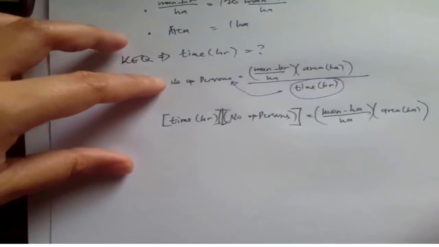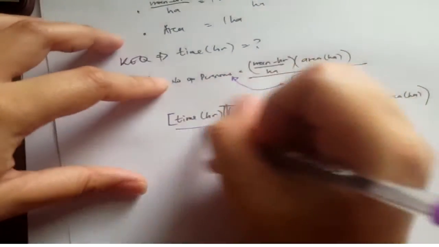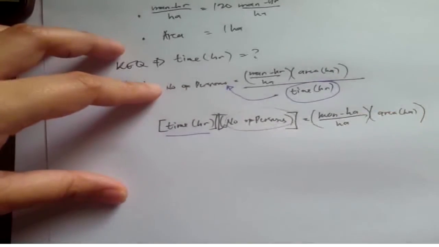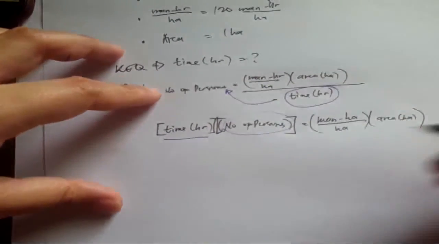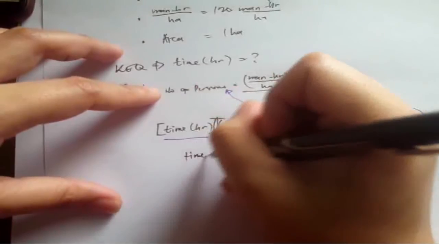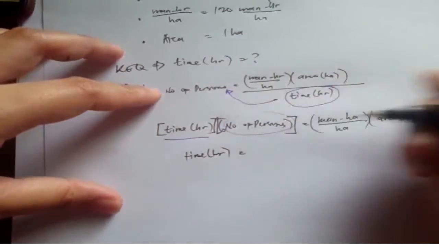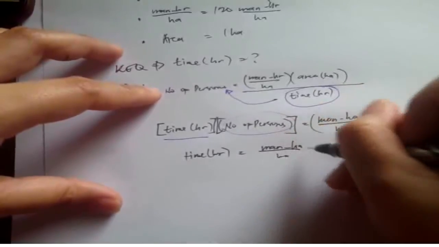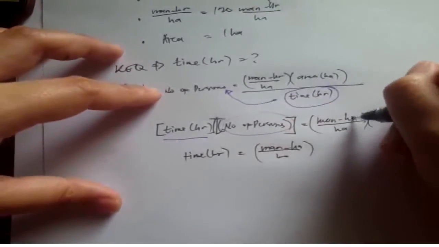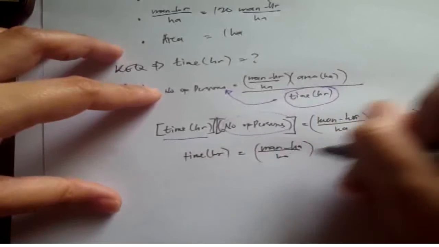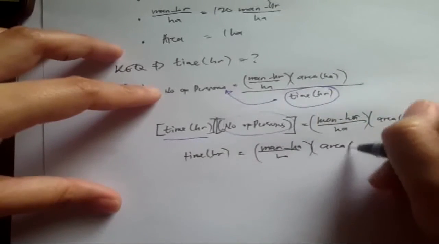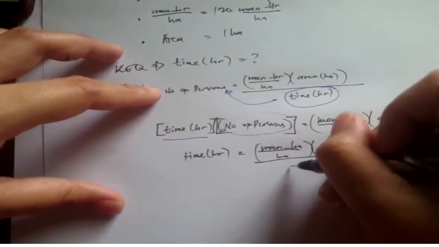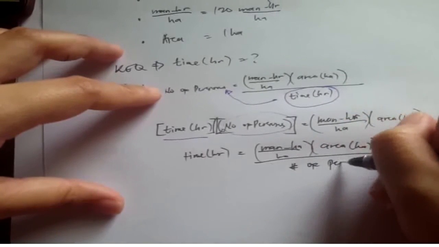But what we want is to determine only this. So you need to divide both sides by the number of persons. We have time in hours is equal to man-hour per hectare times your area, then divided by number of persons.